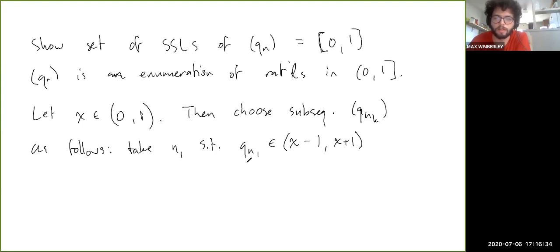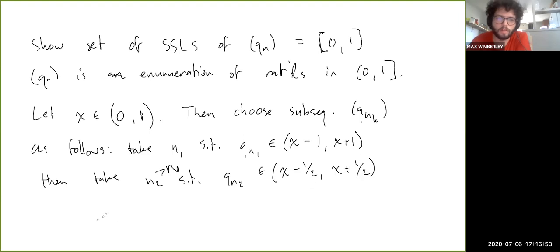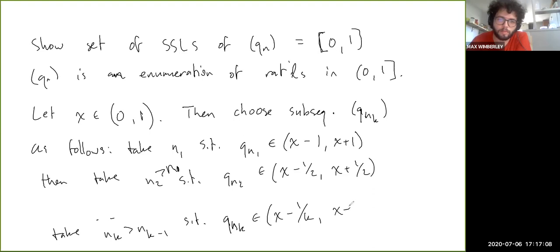Really, n1 can be pretty much arbitrary. But then take n2, which should be bigger than n1 of course, such that Qn2 is in (x minus 1/2, x plus 1/2), right? And so on. Generally, we take nk bigger than nk minus 1, such that Qnk is in (x minus 1 over k, x plus 1 over k).